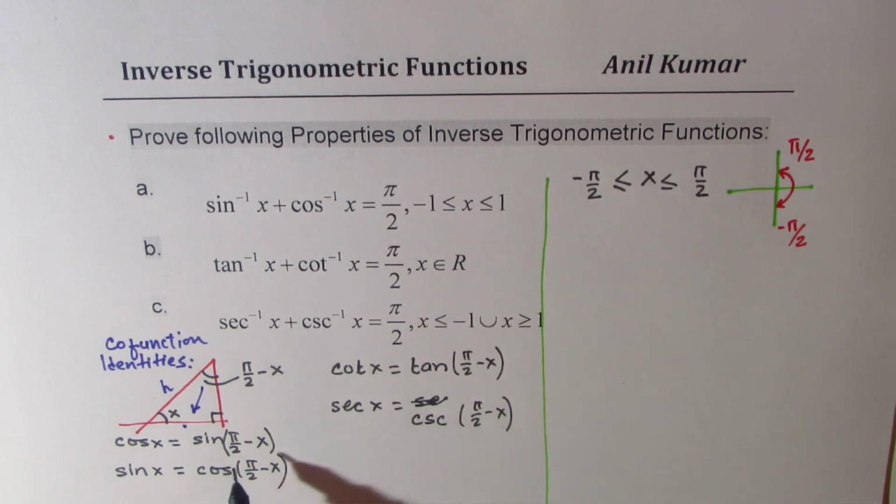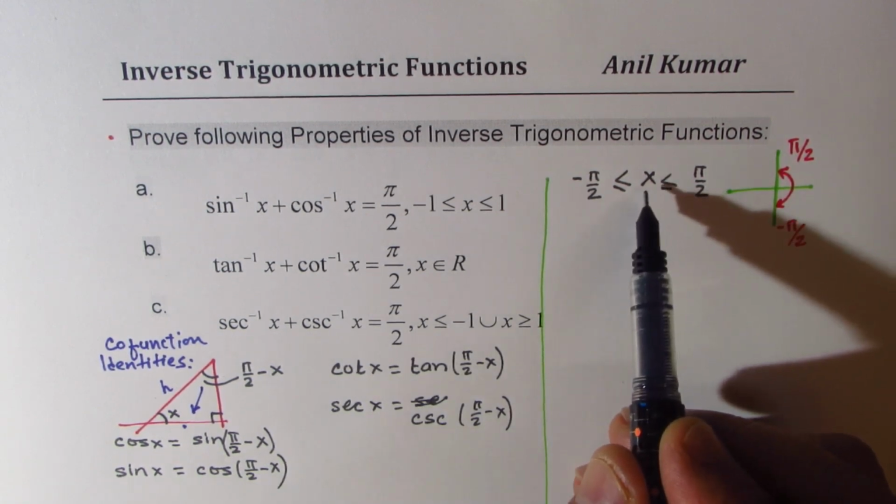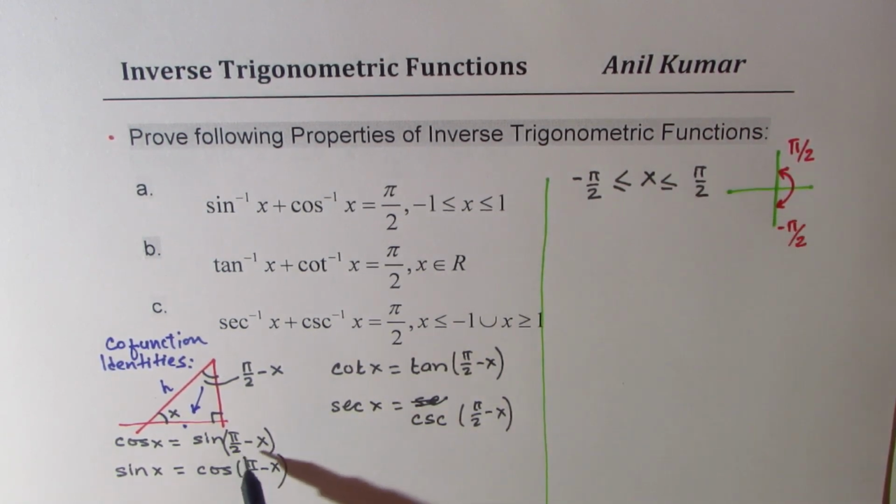Now, here also you see, we're talking about pi by 2 minus x. So, x is between all this, but what is pi by 2 minus x equal to? Rather, what should be the domain for pi by 2 minus x? That is very interesting.